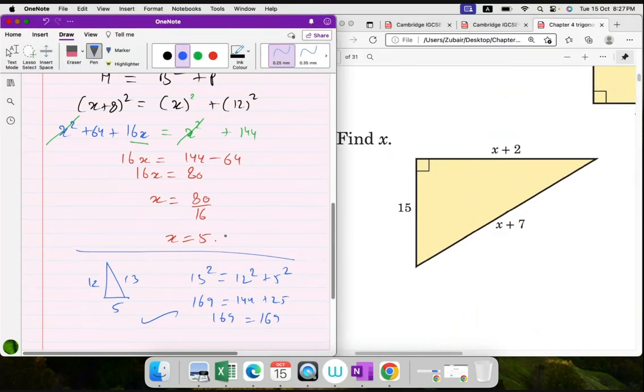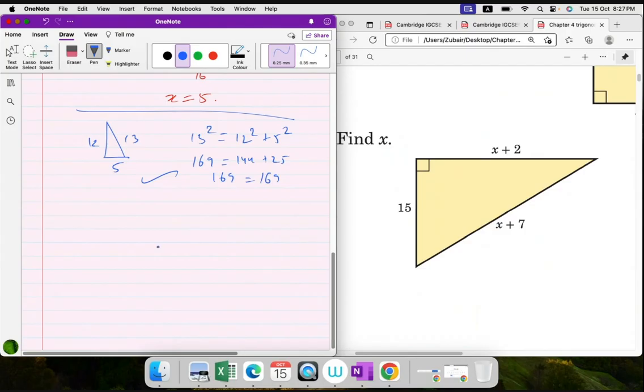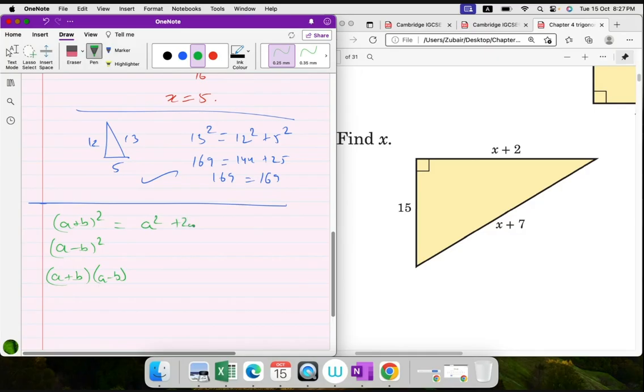Nature is same, but we have unknown variables on two sides. So let's try this. I hope you remember these formulas. A plus b whole square, a minus b whole square, and a plus b into a minus b. First one was a square plus 2ab plus b square.